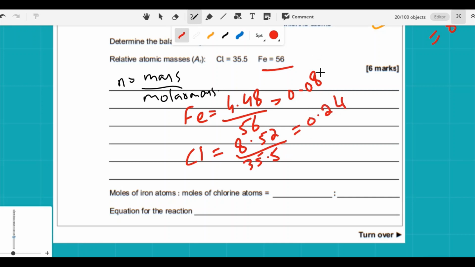As you know that 8 times 1 equals 8 and 8 times 3 equals 24, so it means the ratio is 1 iron and 3 chlorine.